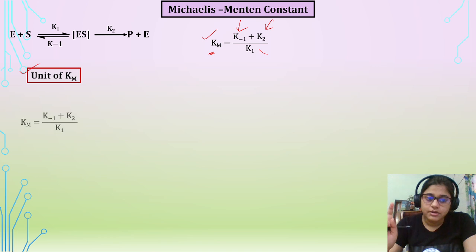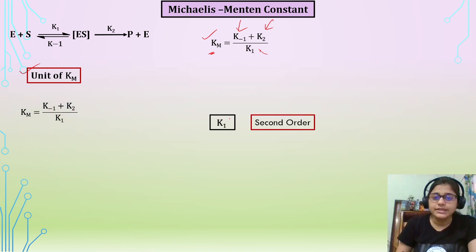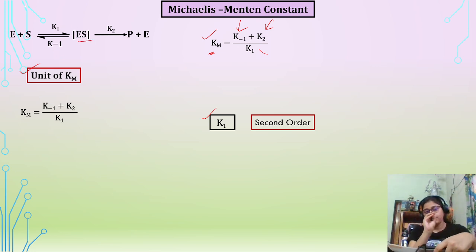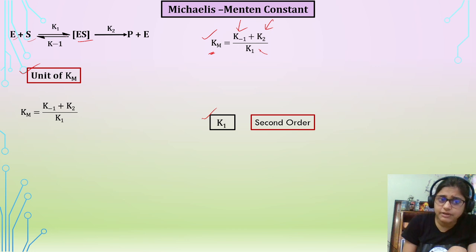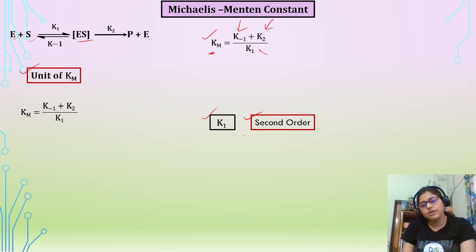Okay, so K1 is second order. How can we say that? Because if we take this one, E plus S giving ES is an elementary step. Okay, for this elementary step only, this first step, both the E and S concentrations are involved in this reaction. So we can say this K1 for this particular elementary step will be equal to a second order reaction.